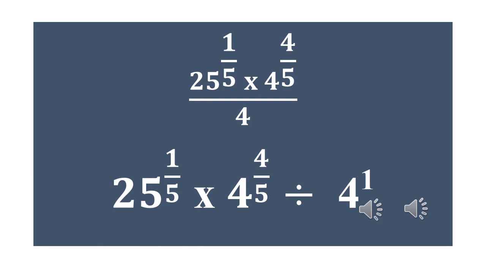It then means that we can simplify further by changing the over to division. So we have 25 raised to power 1 over 5 times 4 raised to power 4 over 5 divided by 4 raised to power 1, which is the same thing as what we have up there.